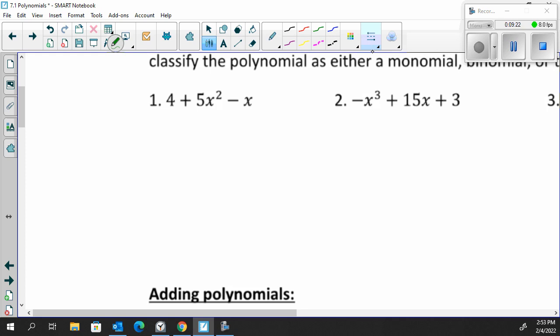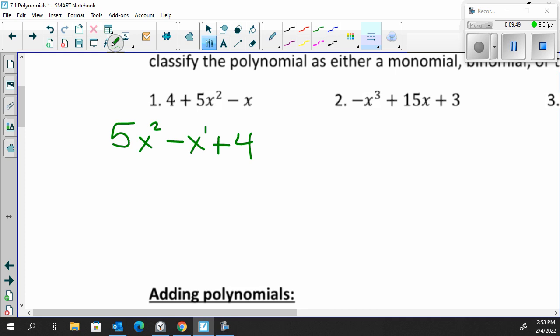Switch these ones? That won't fix it either. Flip this one? Well, I think this one needs to be in front for sure. Which one would come next? X. It's minus x, right? And then plus 4 at the end. Now it's in standard form because the exponents are largest to smallest. You have 2. Remember, this is a 1, and then you have none.